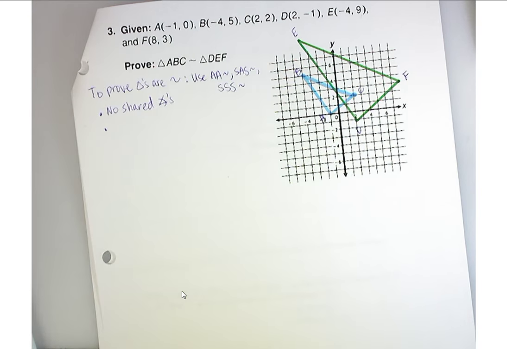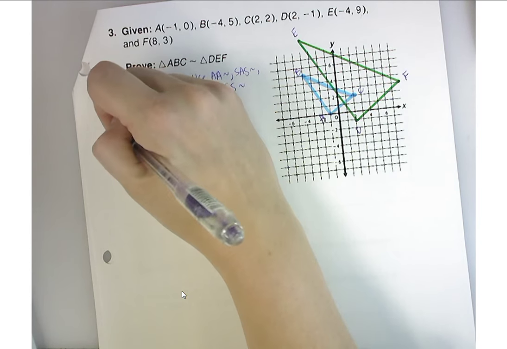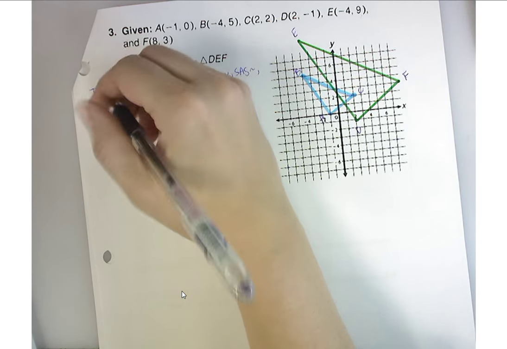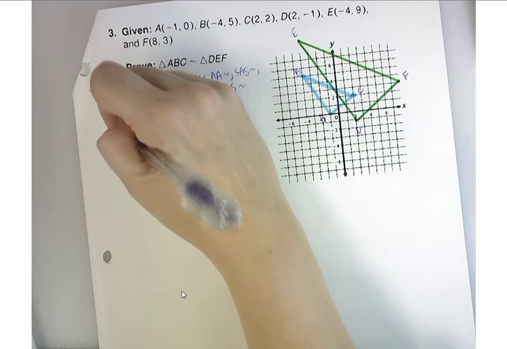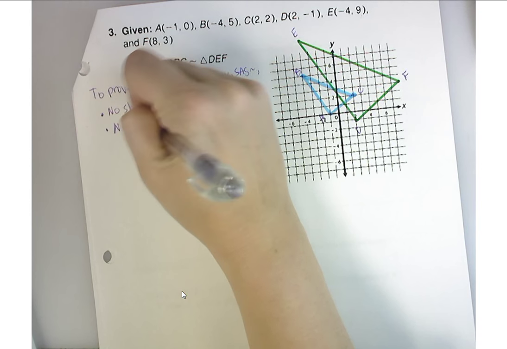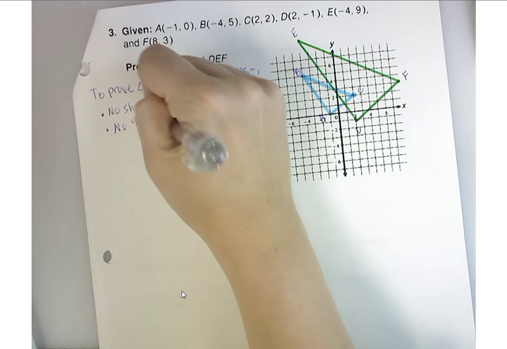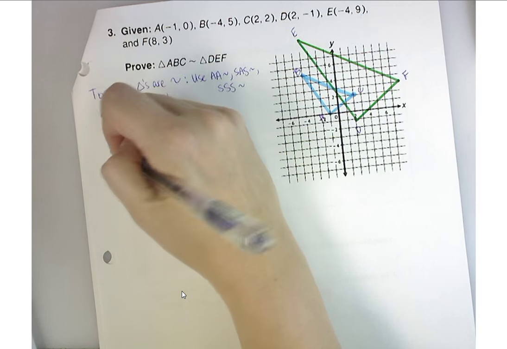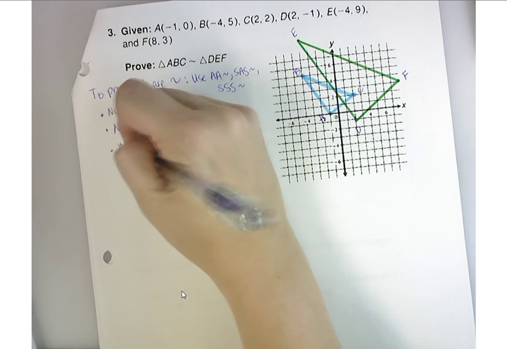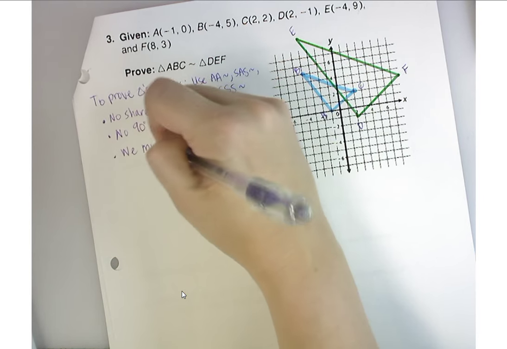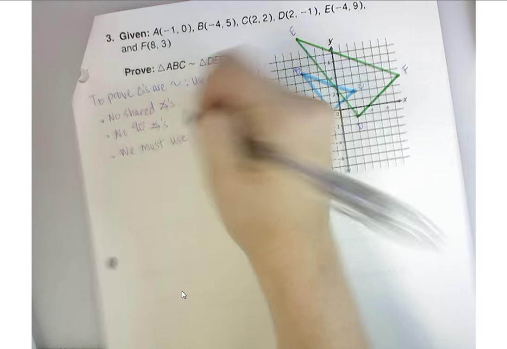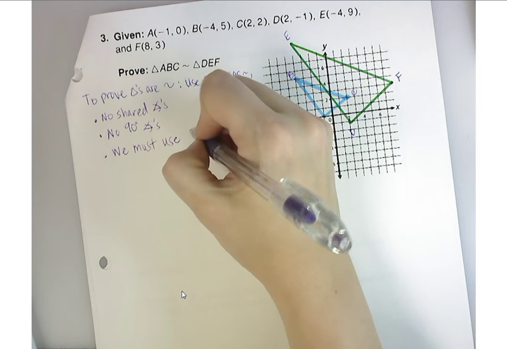Okay, so nothing that was given. You could find your slopes and verify that as well. Okay, so that means we must use what? The side, side, side.